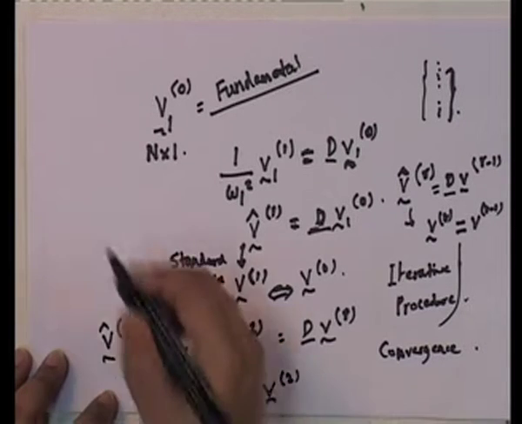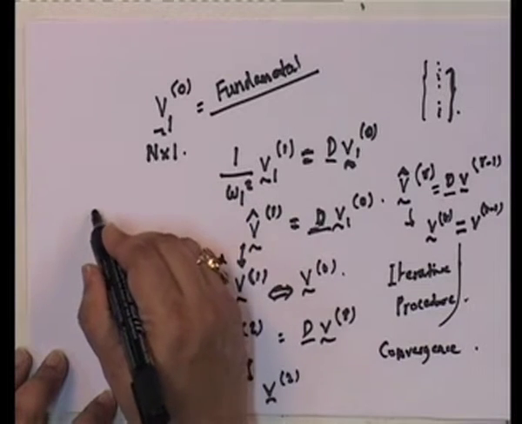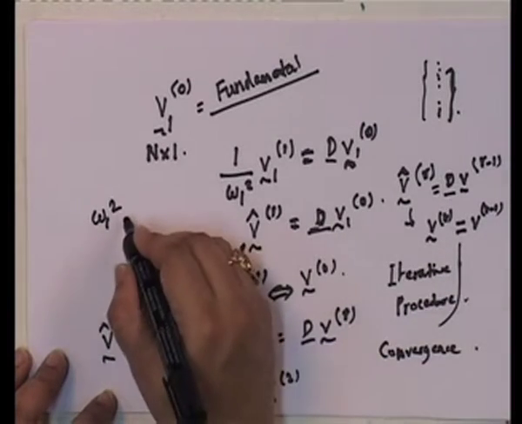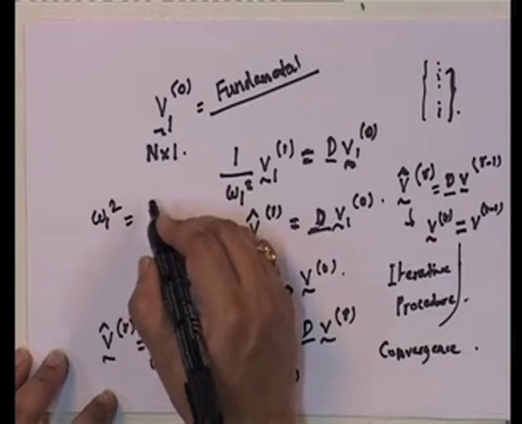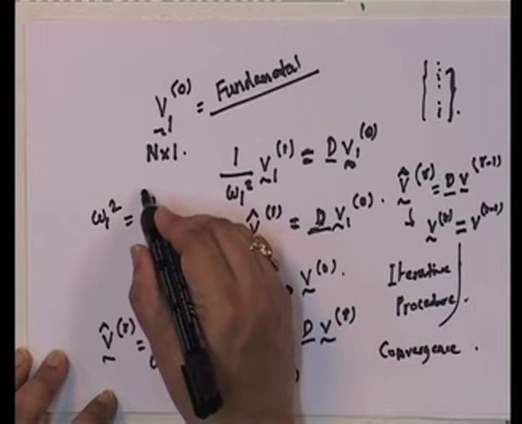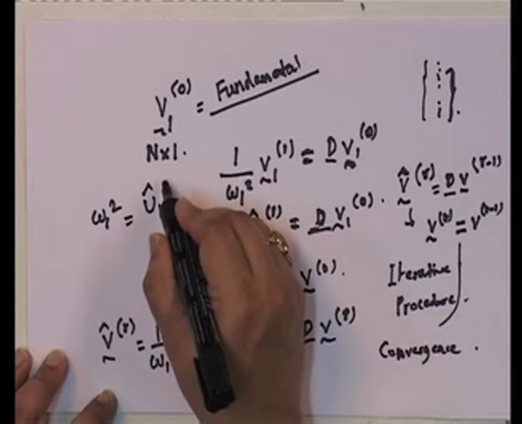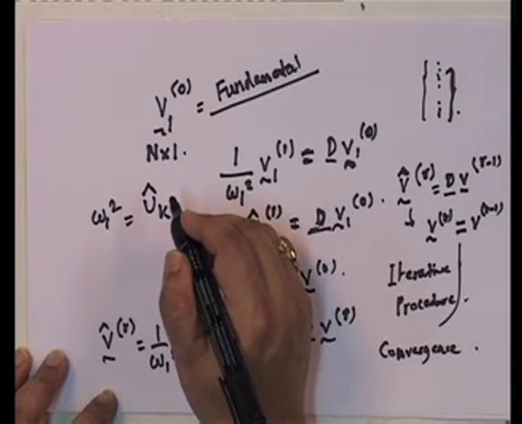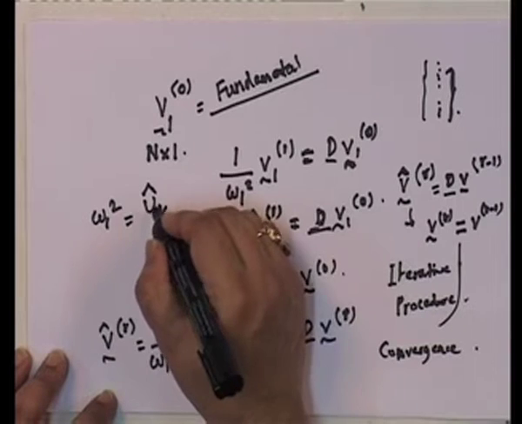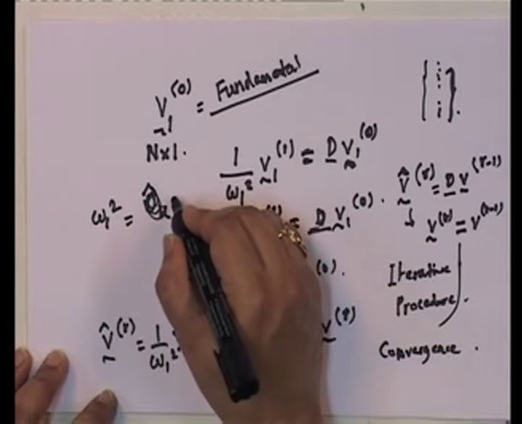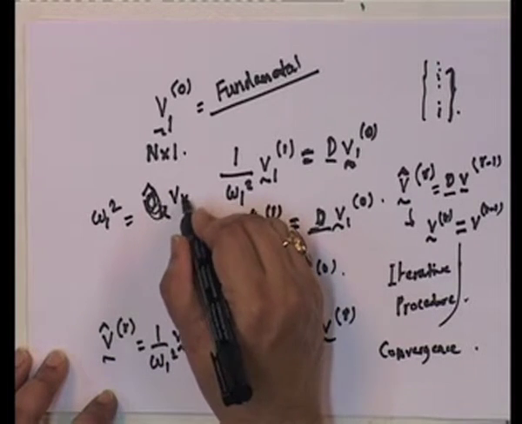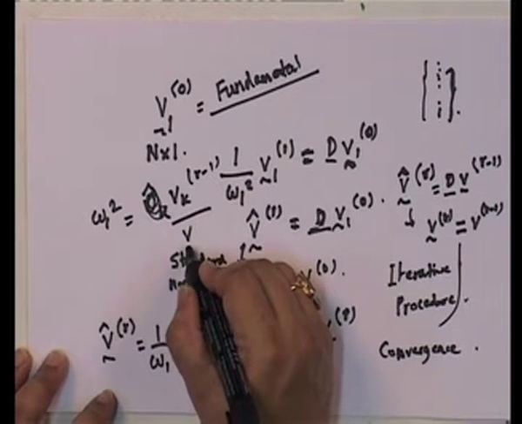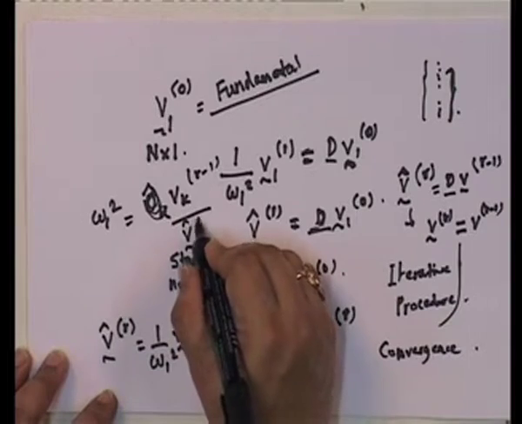Well, you can take any k, and if the two of them are equal, you will see that for any k, omega 1 squared is going to be equal to V k r minus 1 upon V r.